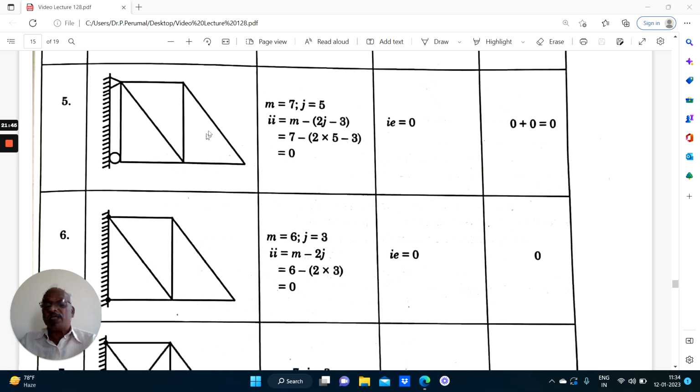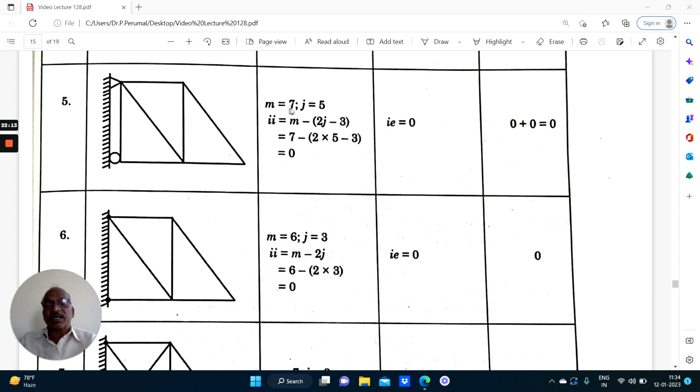Right, now coming to this truss, it starts from a simple base. So 2 plus 1, 3 reaction components. We have got 3 equations of equilibrium. Therefore, external indeterminacy equal to 0. Coming to internal indeterminacy, we have 7 members, as we discussed earlier. There are 7 members and 5 joints: 1, 2, 3, 4, 5.